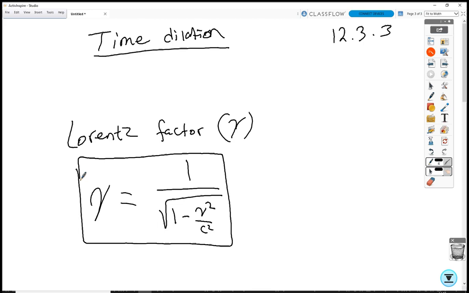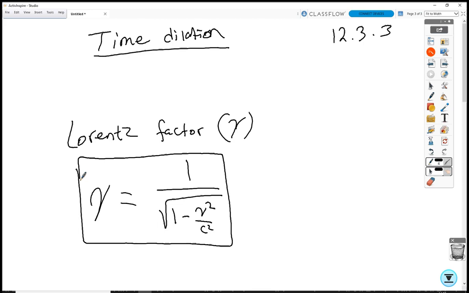When you're moving at almost the speed of light, say for example at 99% the speed of light, I want you to evaluate the value of gamma. Then evaluate gamma for 50% the speed of light, so 0.5 times the speed of light.